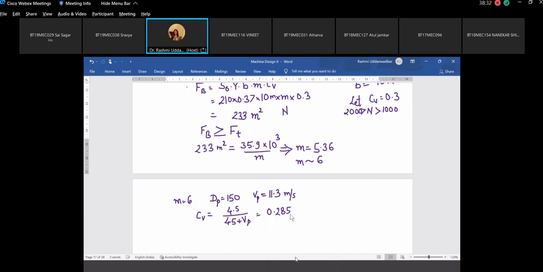Is this better than 0.3 or worse than 0.3? What do you say? What do you understand by this value of CV coming out to be less than the assumed value of CV? CV by calculation is coming out to be less than CV assumed.